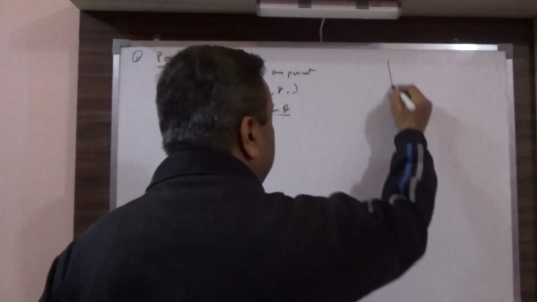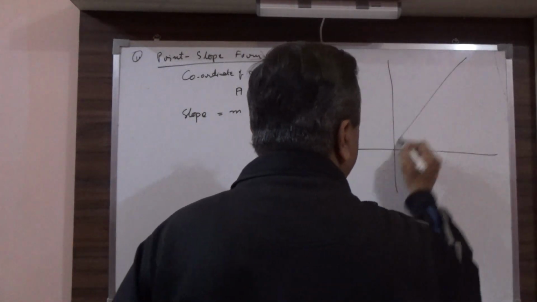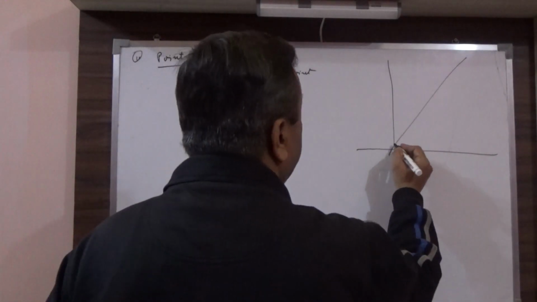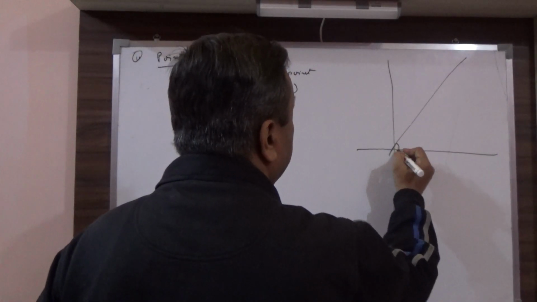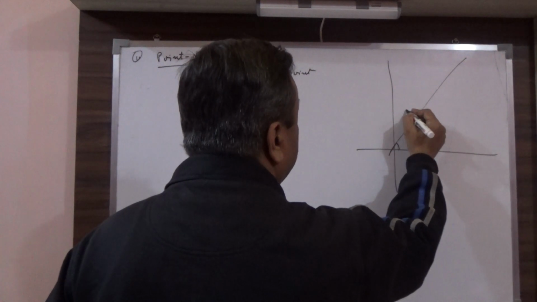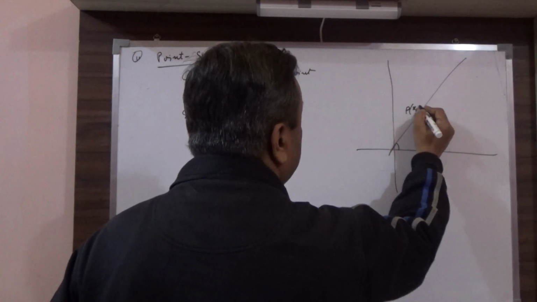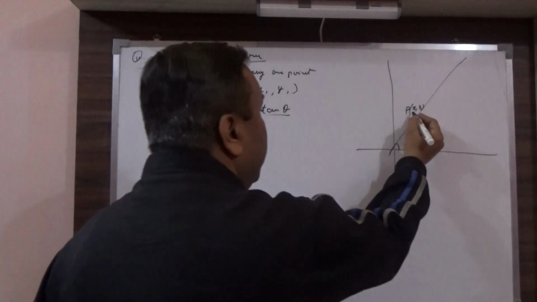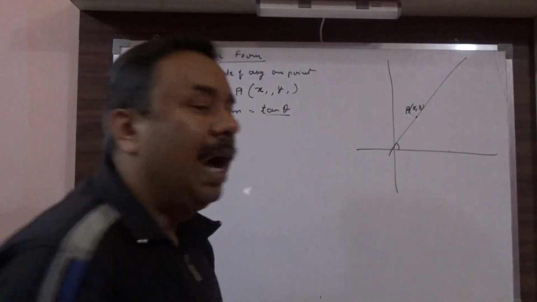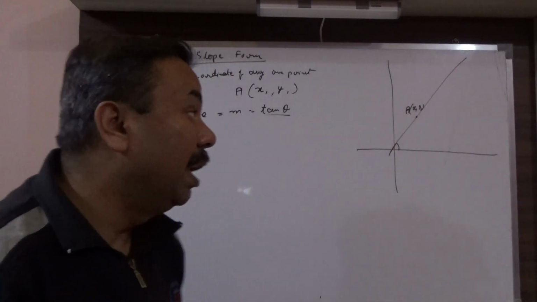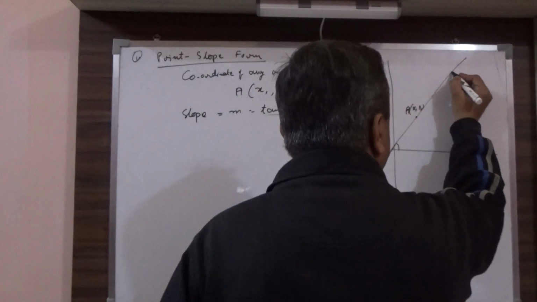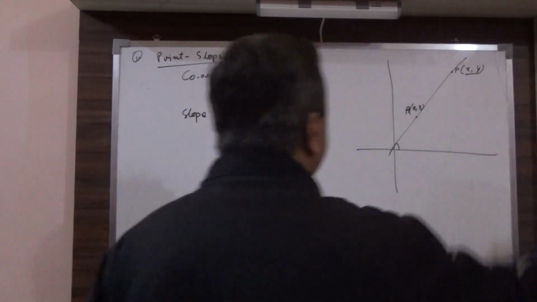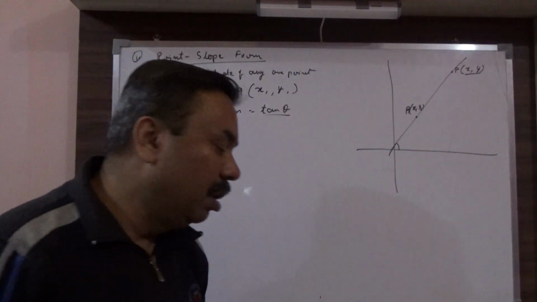So I have got a line, in this line the slope is given to you, and there is one point A whose coordinates are x1, y1. As usual, I will take a random point on the line that will be represented by P, whose coordinates will be x, y, and I have to find out the relationship between x and y.